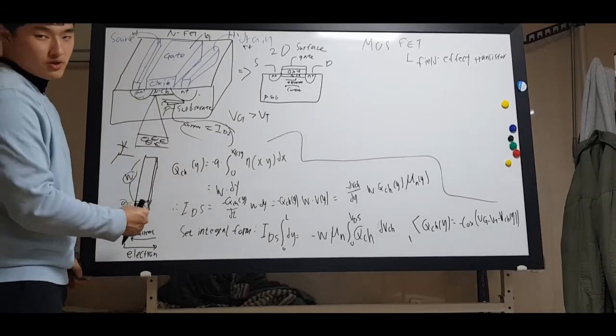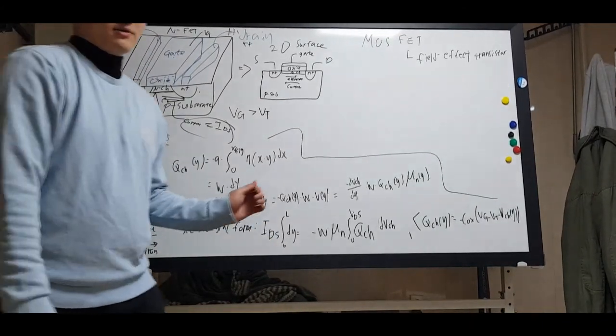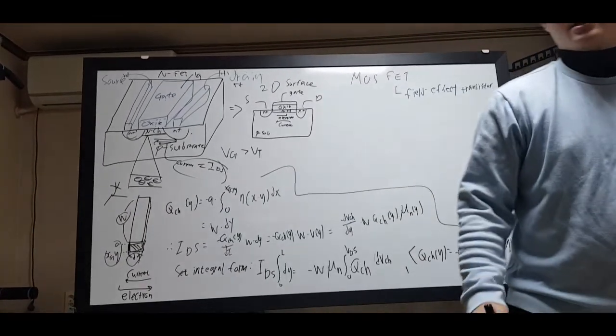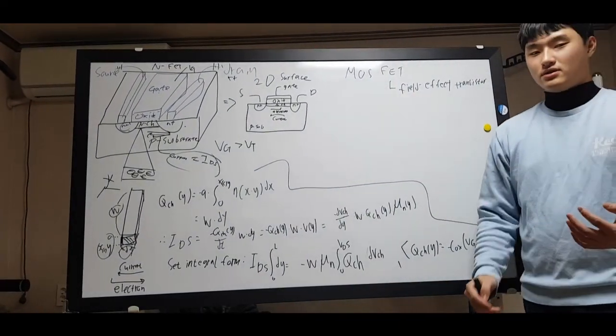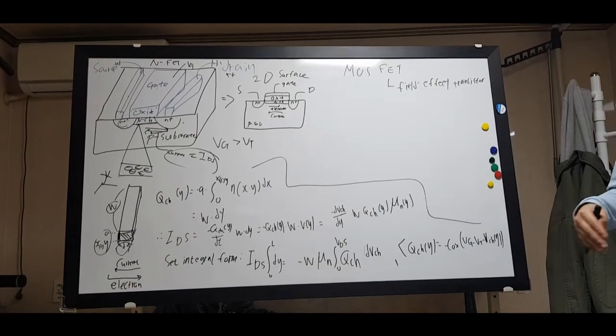So I wrote the equations here, but if I talk about this in more detail, then it will take a long time. So I'm going to skip. I believe you all know about these.